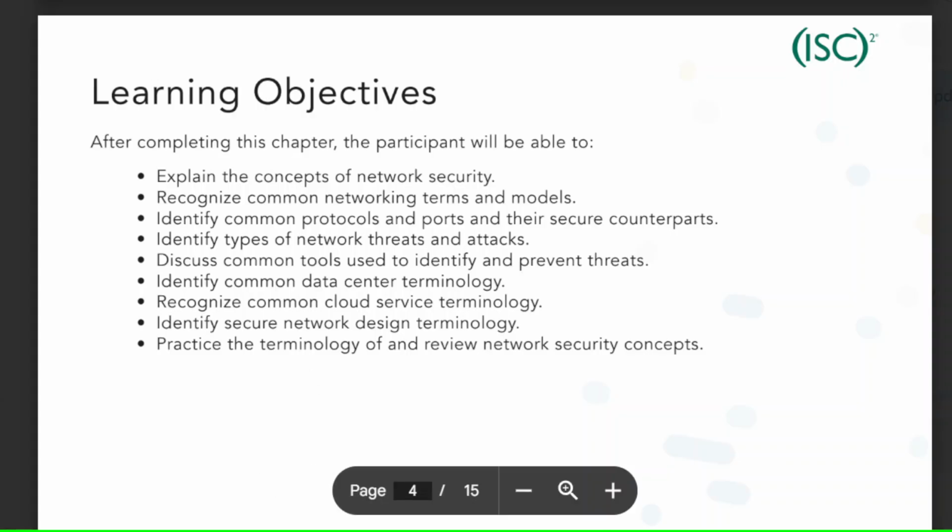After completion of this chapter, as participants, we will understand the concept of network security, recognize common network terms and models, identify common protocols and ports and their secure counterparts, identify types of network threats and attacks, discuss common tools used to identify and prevent threats, identify common data center terminology, recognize common cloud service terminologies, identify secure network design terminologies, and finally practice the terminologies and review network security concepts.